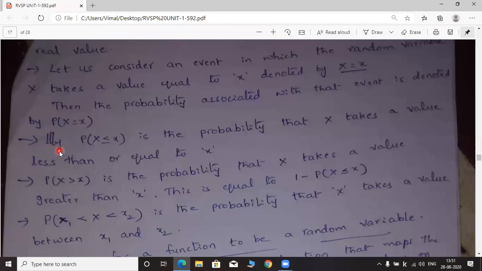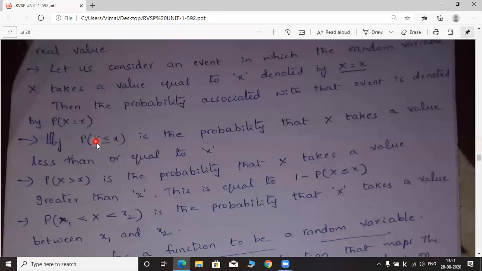Okay. Similarly, one point is clear, probability of capital X equal to small x. But what about the probability of capital X less than or equal to small x? What about the probability of capital X greater than small x? We have to define these two events also.